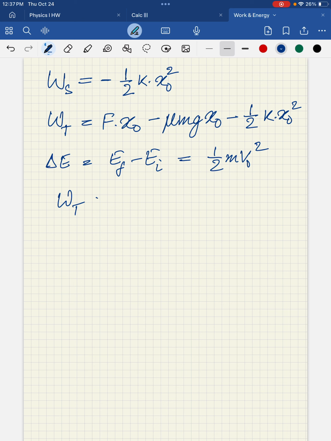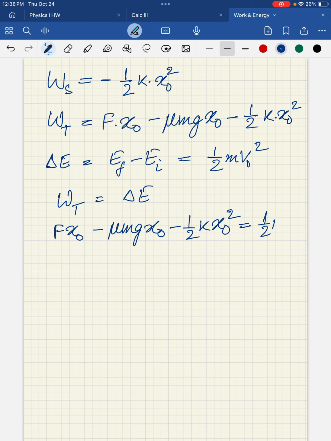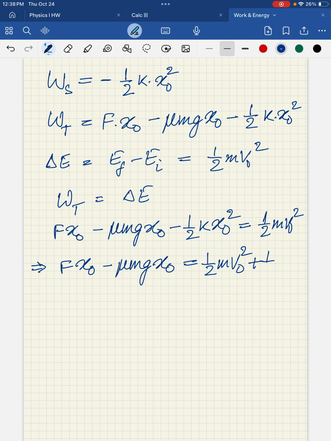So Wt is equal to delta E. Fx0 minus mu mg x0 minus half k x0 square is equal to delta E, which is half mv0 square. Or if you write it slightly differently, just move the half k x square to the right hand side. We can write Fx0 minus mu mg x0 is equal to half mv0 square plus half kx0 square.